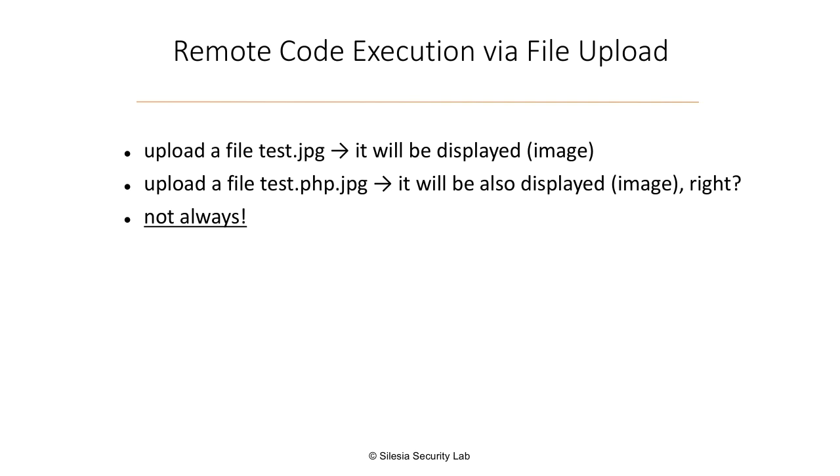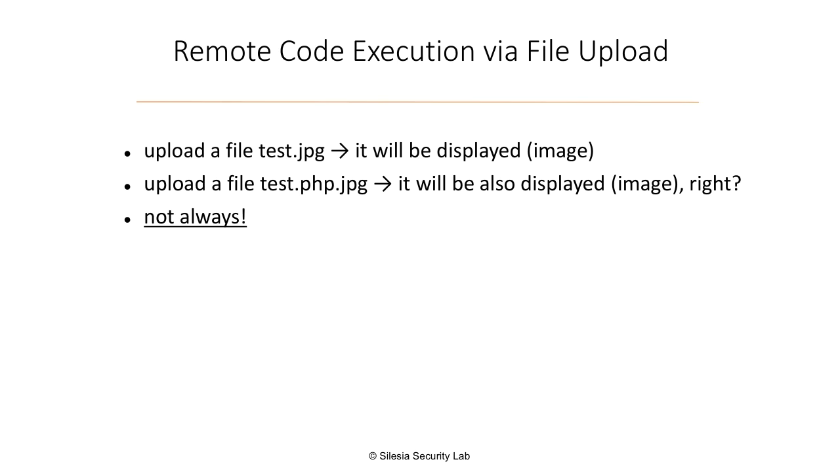This file may be displayed and may be executed. And we are really interested, we hackers, we are interested in the execution of this file, right? Because if this file is going to be executed, then we can provide our own code inside, right? And once this is executed, we've got a remote code execution.